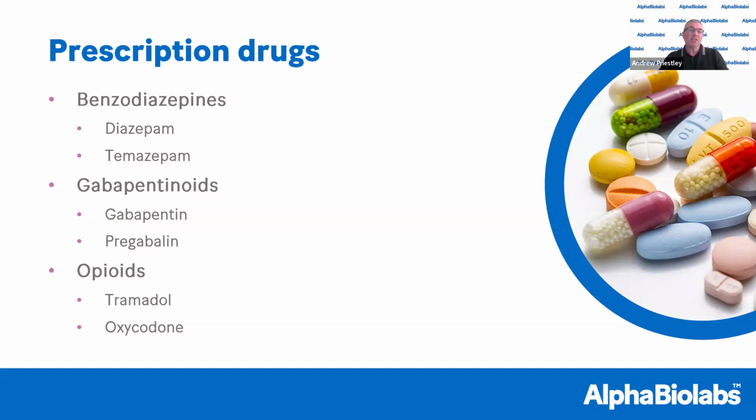And then opioids, things such as tramadol and oxycodone, normally prescribed to deal with very strong pain. But again, another sedative, which can even give euphoric effects. So what we're seeing is increasingly these types of drugs are being used across the UK, and they should be considered on a case-by-case basis when you're thinking about what drugs need to be tested for your client.